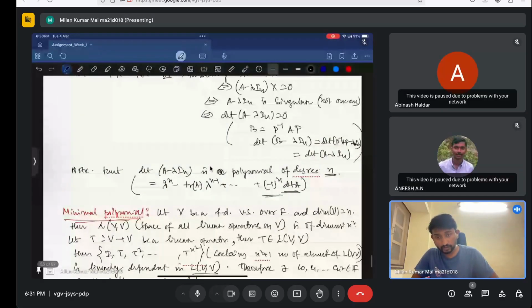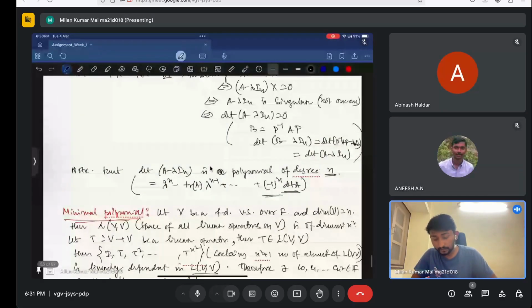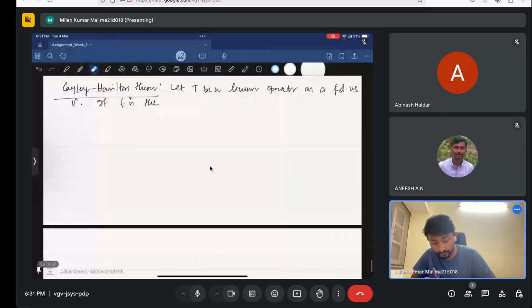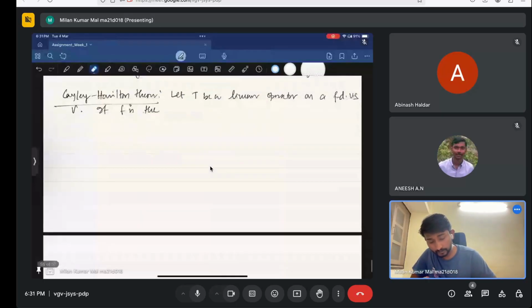So if f is the characteristic polynomial for T, then f(T) equals 0. This is called the Cayley-Hamilton theorem.